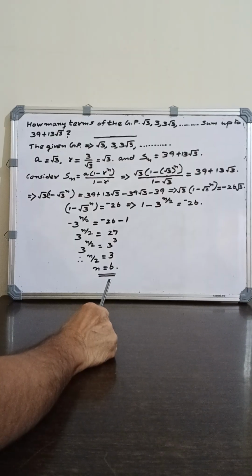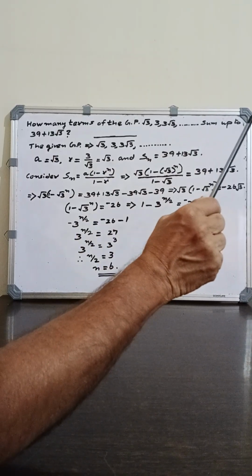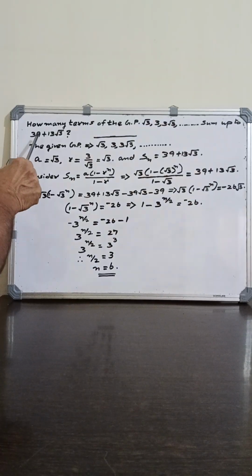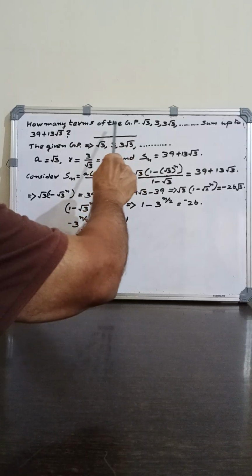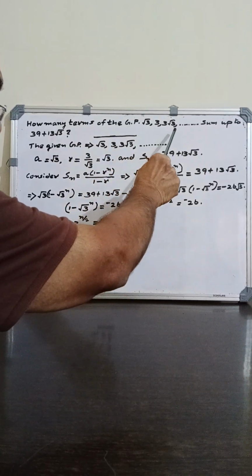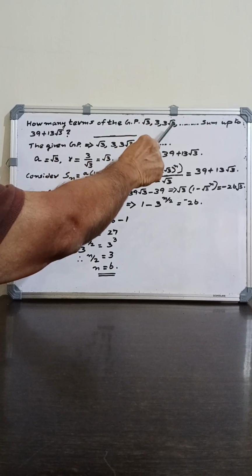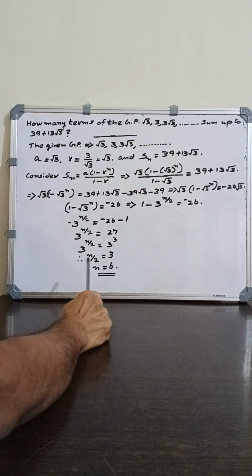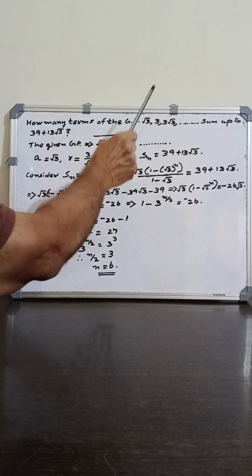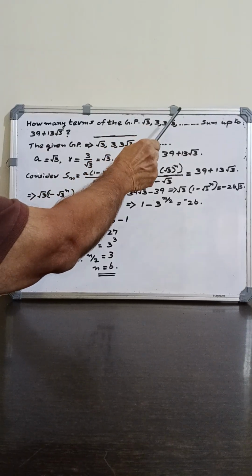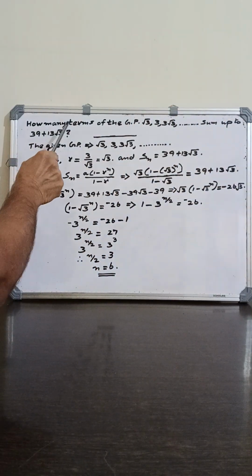For a geometric progression, the sum of an unknown number of terms is given as 39 plus 13 root 3, and the first three consecutive terms are also given: root 3, comma 3, comma 3 root 3, etc. That is, root 3 plus 3 plus 3 root 3 plus so on gives 39 plus 13 root 3.